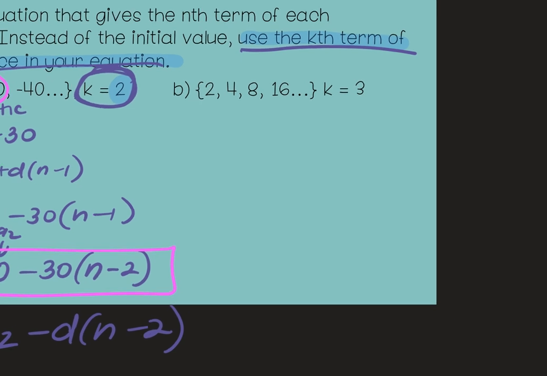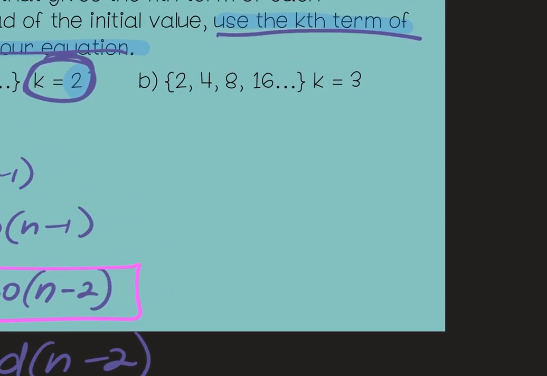Okay, so now go to B. Are we adding or subtracting the same thing each time? No, we're multiplying this time. So this is geometric. And R is 2. So my initial equation is AN equals A1 times R to the n minus 1, typically.